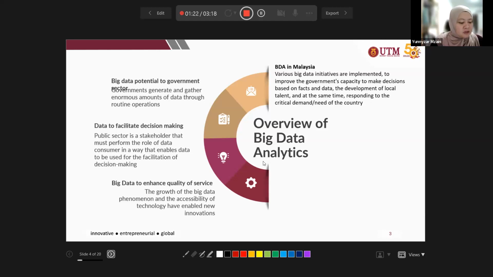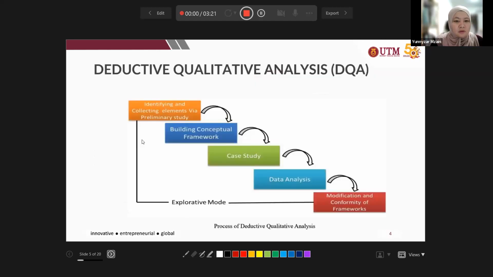So the research method I'm using is deductive qualitative analysis, DQA, which refers to a top-down approach, or conformity or theory-based analysis, which starts with abstract theory and moves to more specific observations so that they can support the hypothesis and later improve the previously built framework.